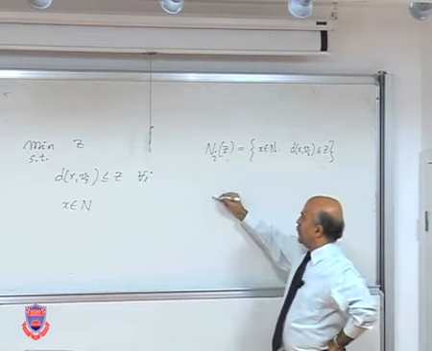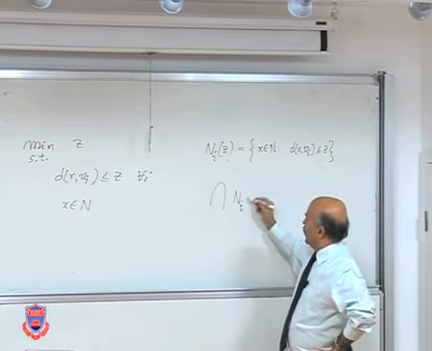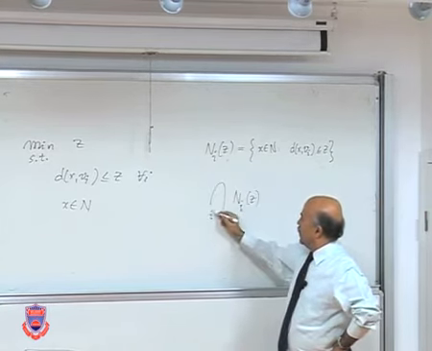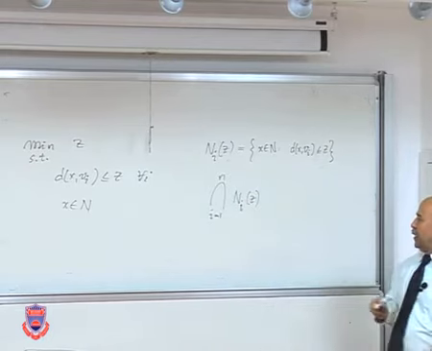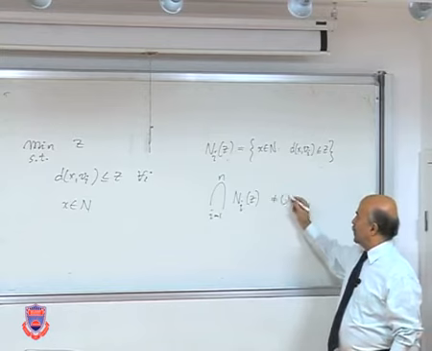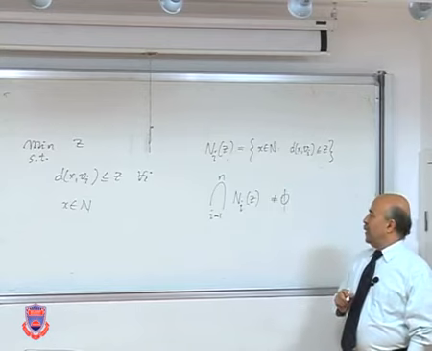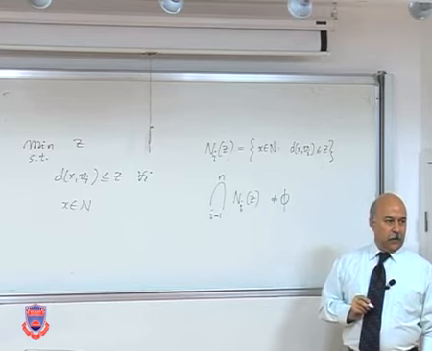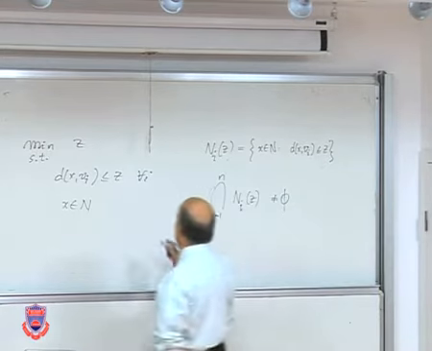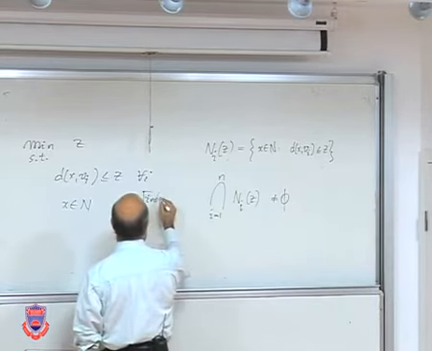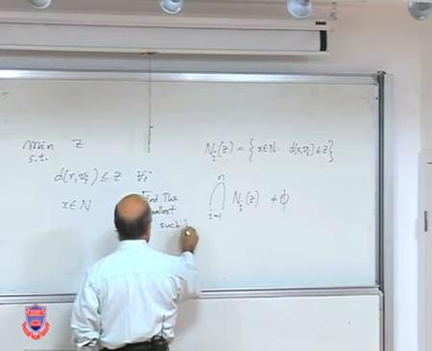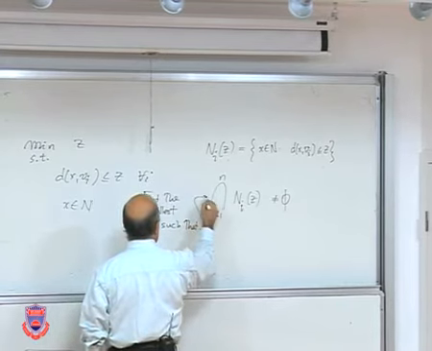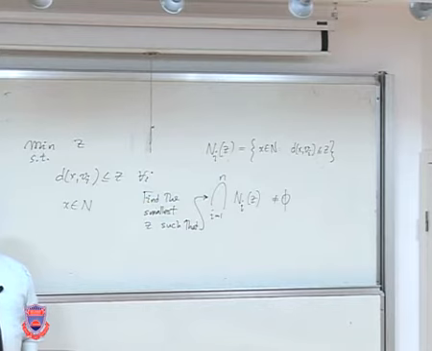And what you want is for these subnetworks to have a non-empty intersection. So the problem can be stated this way: find the smallest z such that this intersection is non-empty.